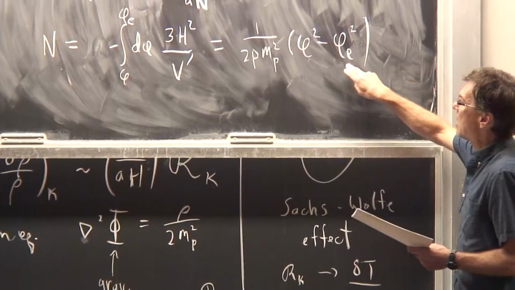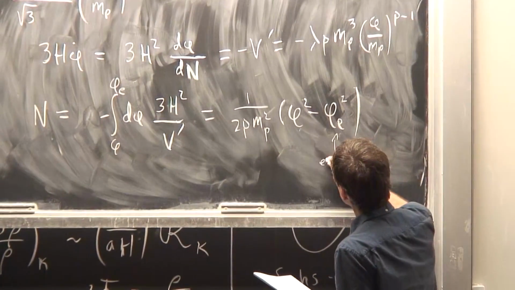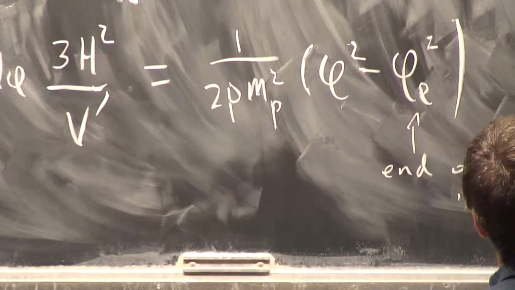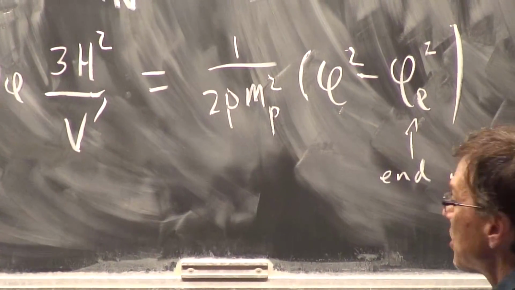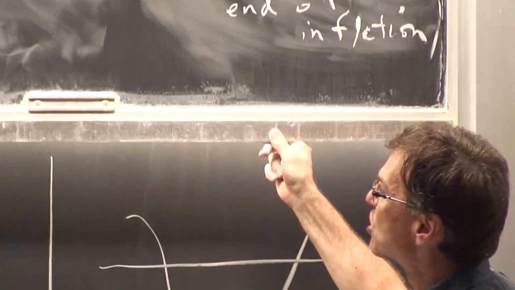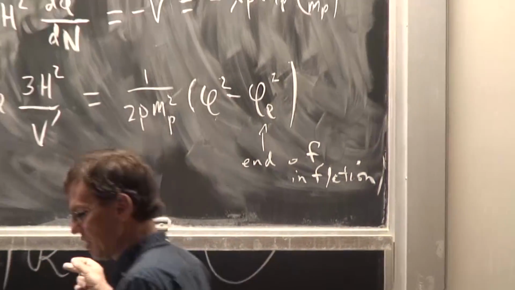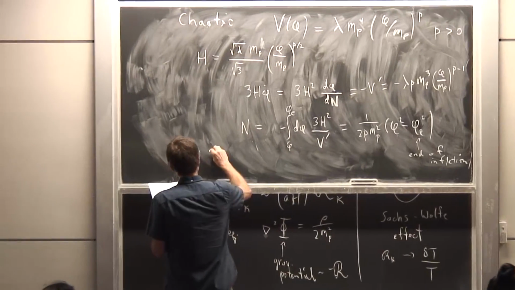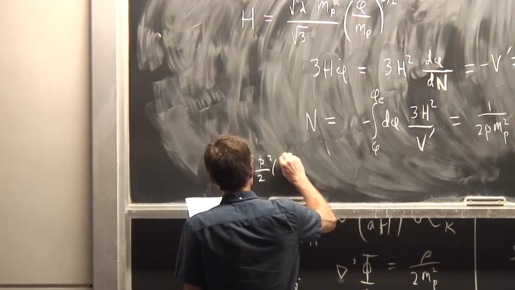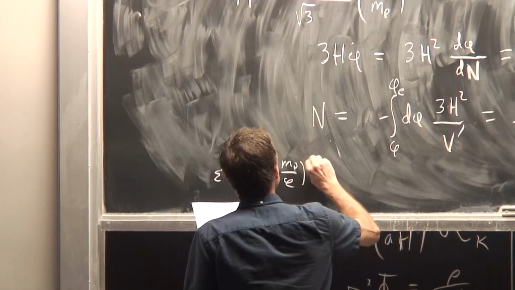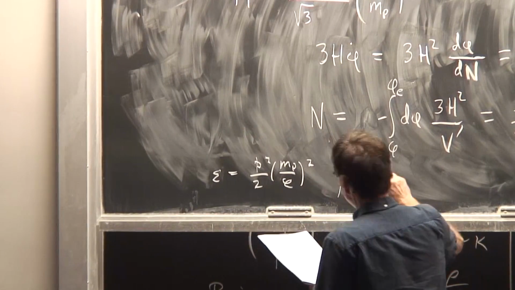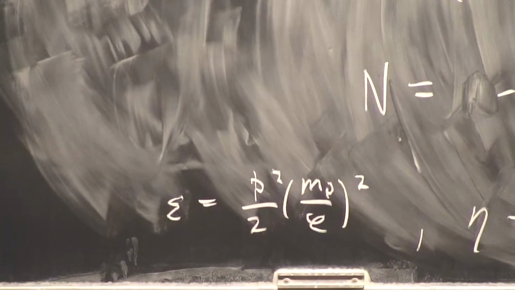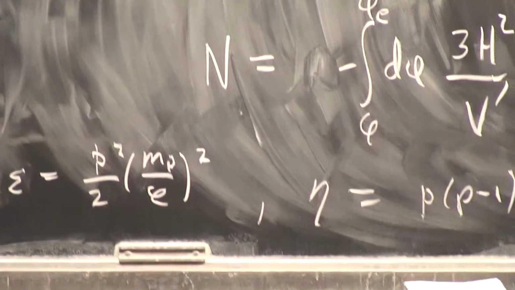But what is phi e that denotes the end of inflation? Well, that's where one of the slow roll parameters becomes large. And so let's write down the slow roll parameters. Epsilon is p squared over 2 m Planck over phi squared. And eta is p times p minus 1 times the same thing, m Planck over phi squared.